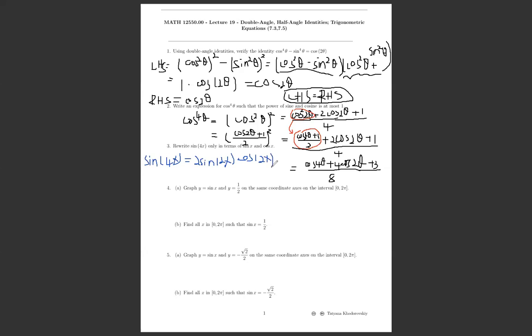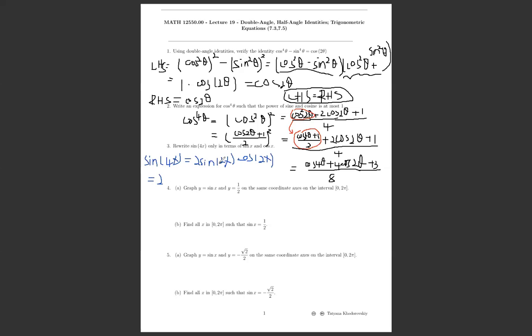That is the double angle formula for sine, the first step. The next step is you do the double angle identities for sine here and the cosine here.